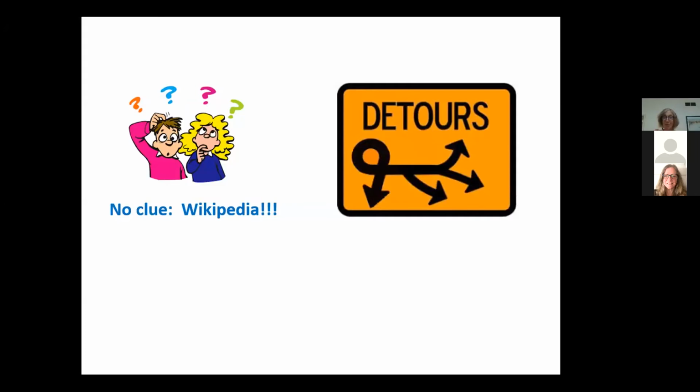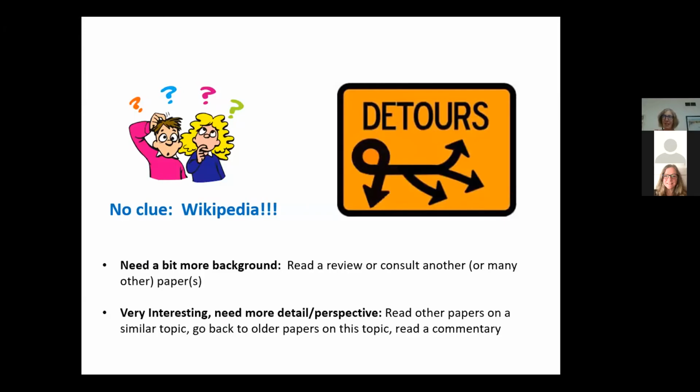I go to Wikipedia often. I don't necessarily believe Wikipedia, but it's a great place to start. It's a simple, basic explanation that gives me a jumping off point to delve a bit more deeply. Wikipedia is definitely not the only source. It should never be the only source, but it's a good jumping off place.